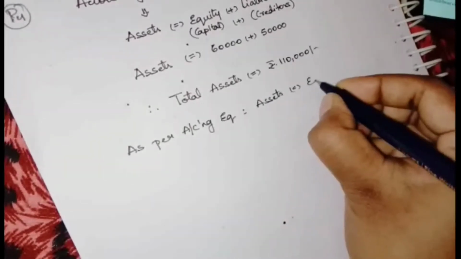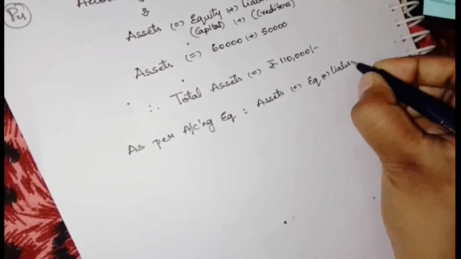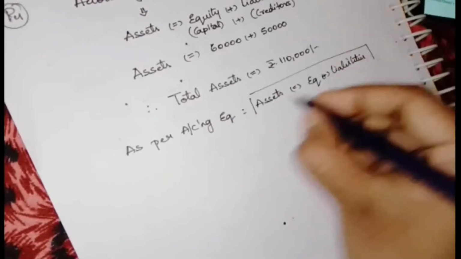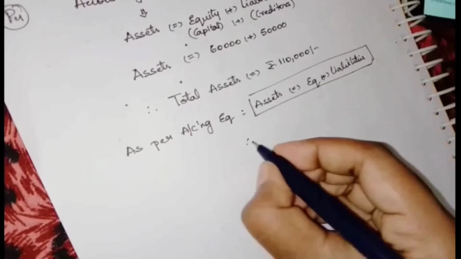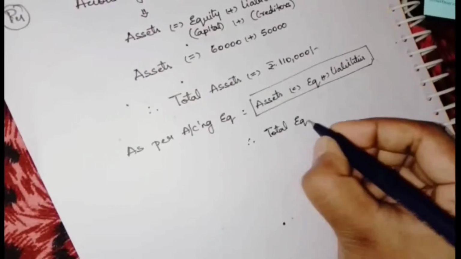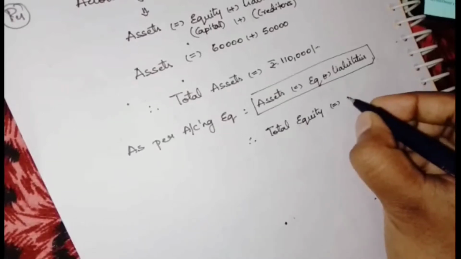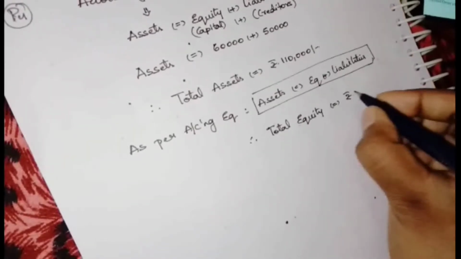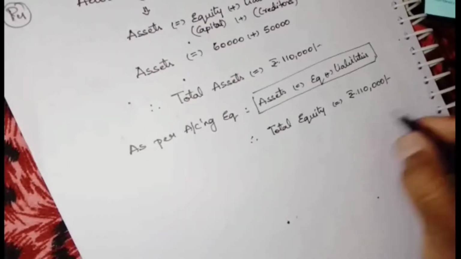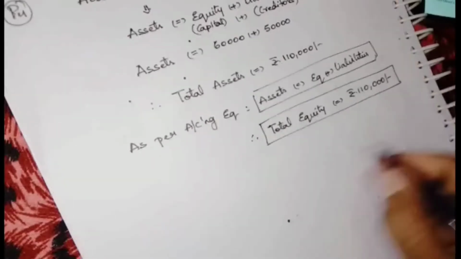So from this equation we can equate the assets value with the equity value, and the total equity in this question comes to rupees 1,10,000. From the equation we can equate the assets value and the equity value.